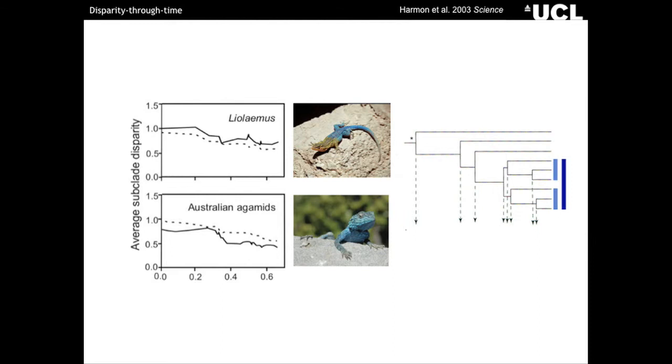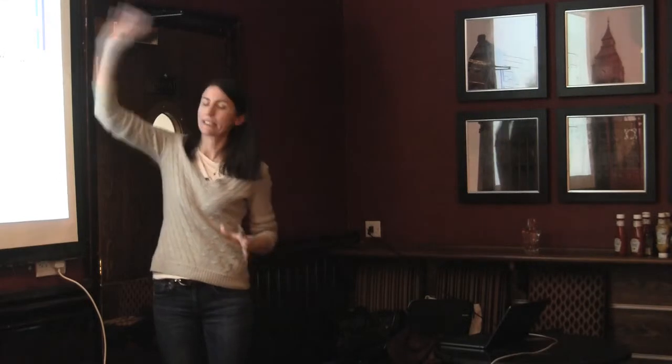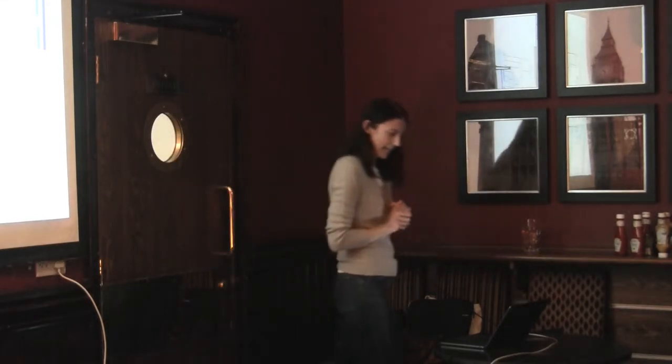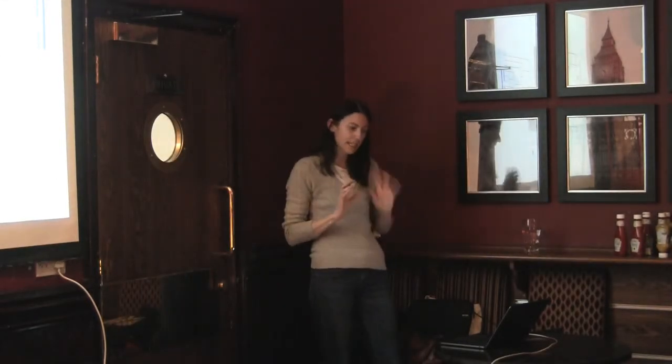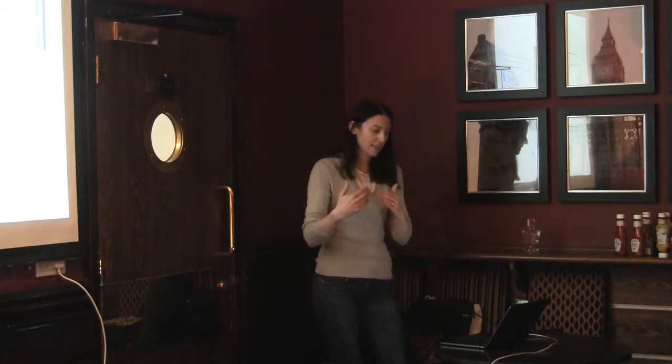And really all you need to take on board here is that these plots compare your morphological disparity that's simulated under a model of Brownian motion, which is a random walk, with the observed phenotypic disparity between and within the different clades of your phylogeny. Okay? And that's relative to the total morphological disparity at all the time steps in the phylogeny.